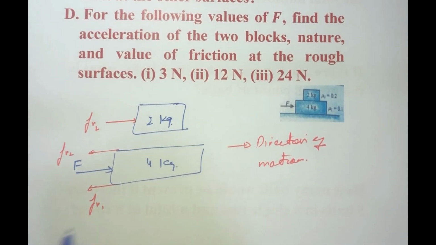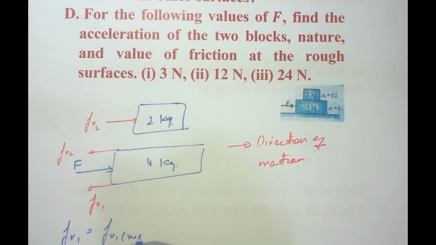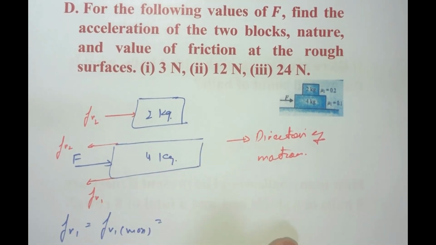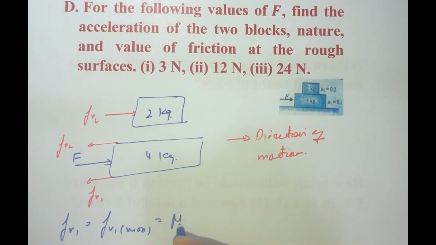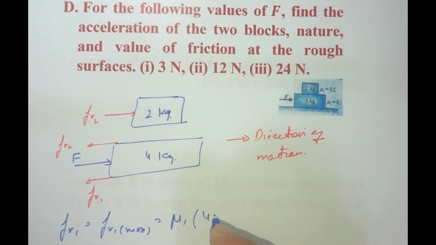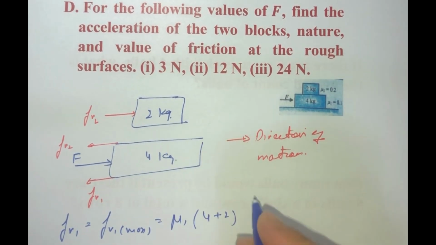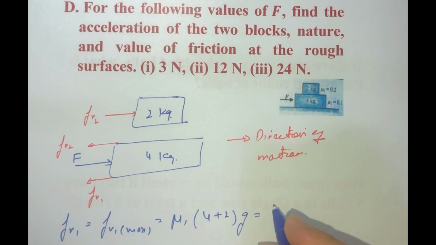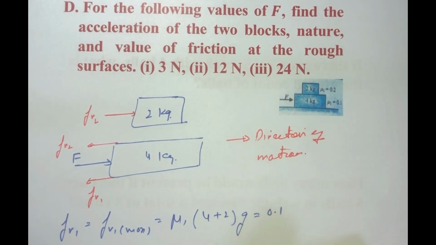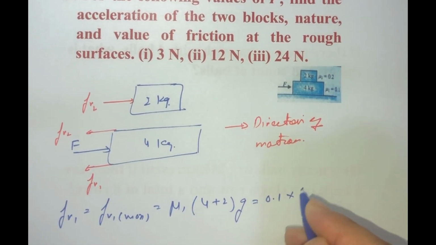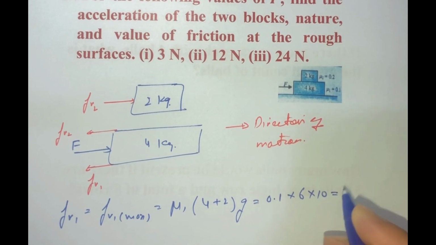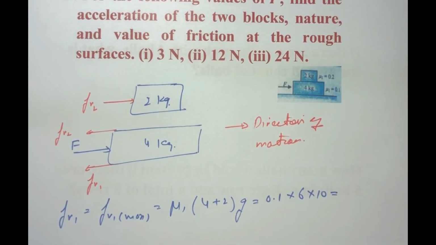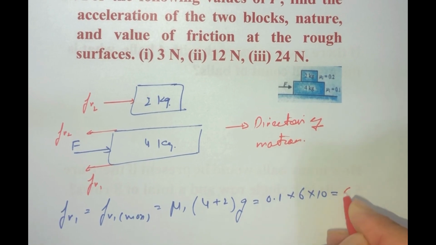So you can say our Fr1, which we can also call Fr maximum, will be equal to mu1 times the weight, which will be 4 plus 2 multiplied by g. Mu1 is 0.1 and we have this as 6 into 10. So we are going to get Fr1, or Fr maximum, equal to 6 newtons.